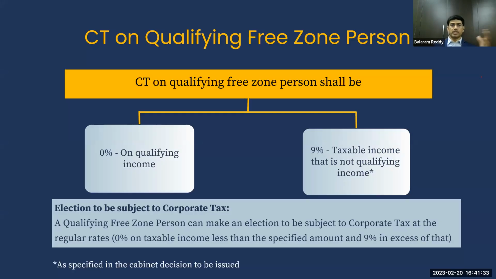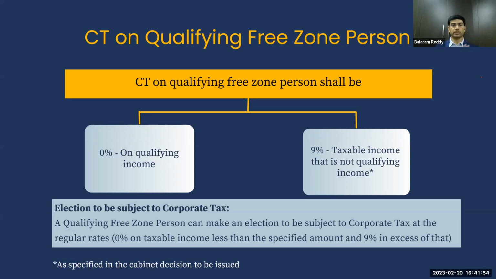We have already seen earlier that corporate tax on qualifying free zones is levied at 0% on their qualifying income. When I say qualifying income, it is not the revenue or turnover, but it is the profit that is coming from a specific business. So what is a specific business or activities?